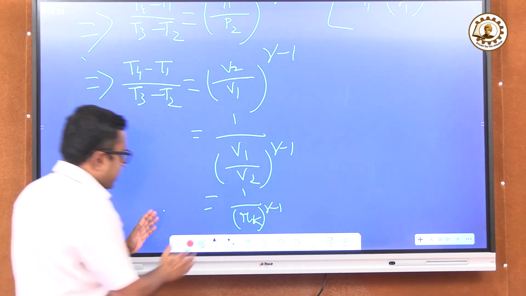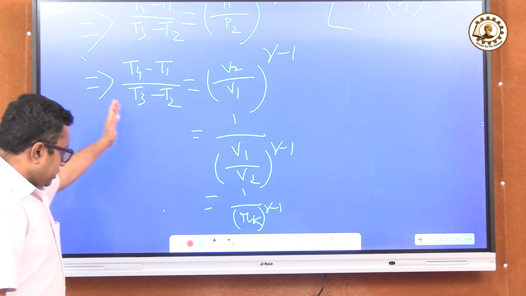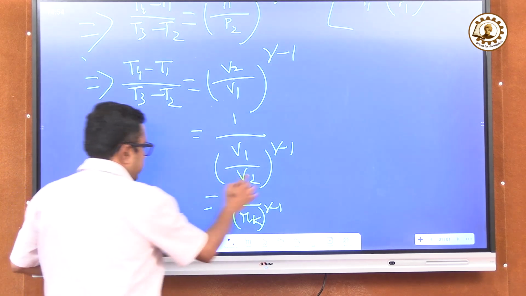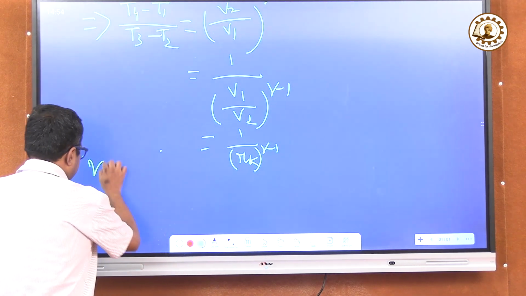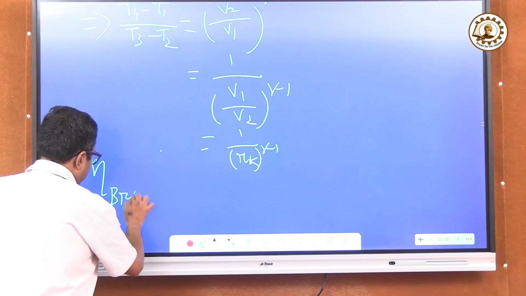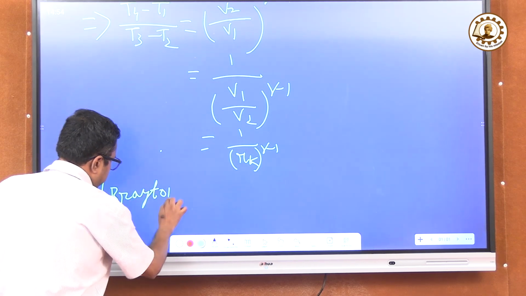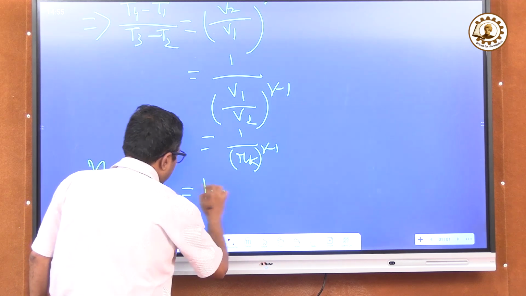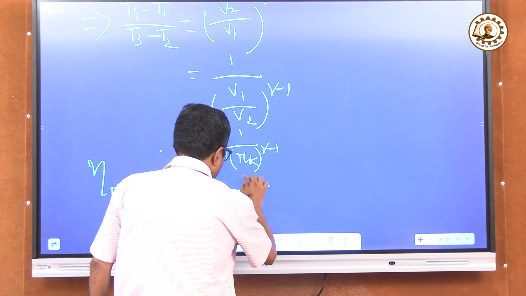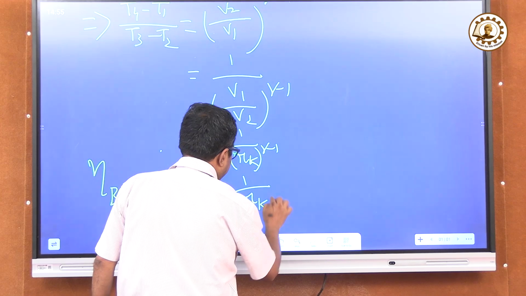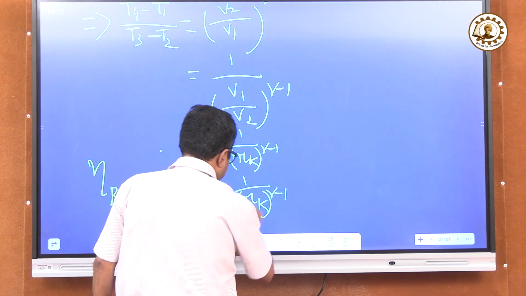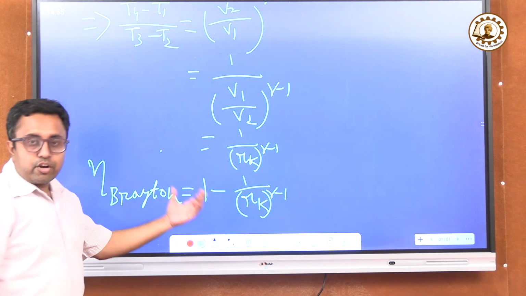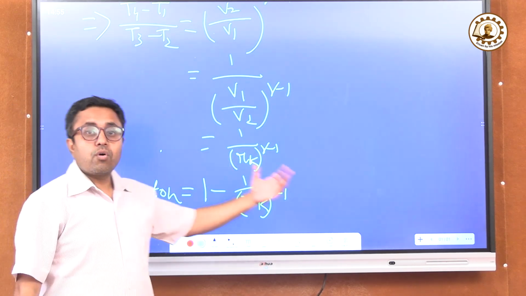That means we get the efficiency of the Brayton cycle as 1 minus 1 by Rk to the power (gamma minus 1), which is equal to the efficiency of the Otto cycle.